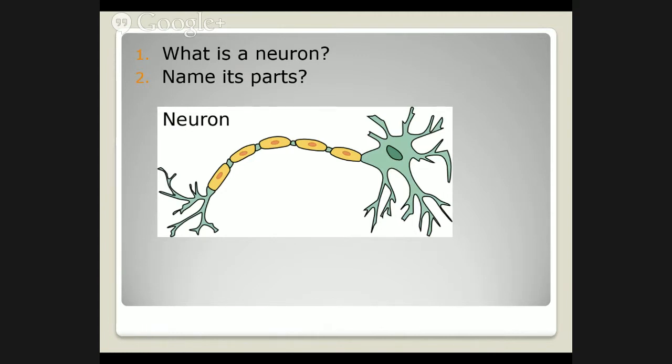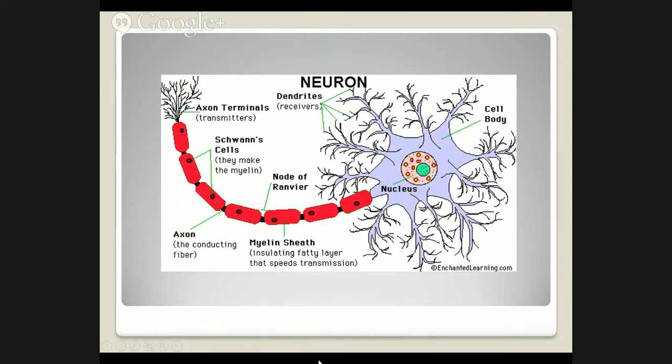Very important, what is a neuron? And name its parts. So I was hoping that I could actually get some response, but this is the structure of the neuron, and you need to make sure that you know the different labels. So here we've got the neuron with all its labels. You've got your cell body, the nucleus over there, the axon, very important to remember the axon and the axon terminal buttons.